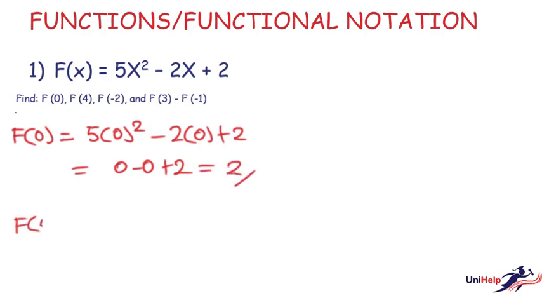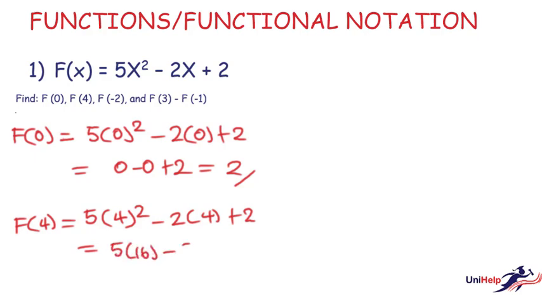F of 4 is equal to 5 into 4 squared minus 2 into 4 plus 2, which is equal to 5 into 16 minus 8 plus 2, which is simply 80 minus 6, which is 74.